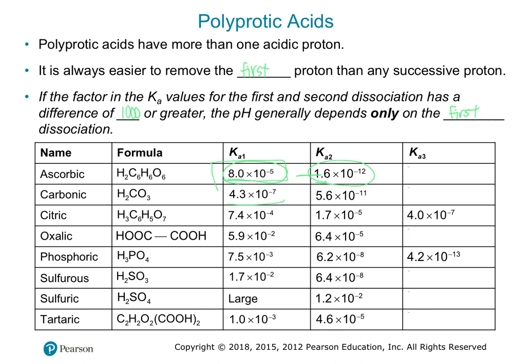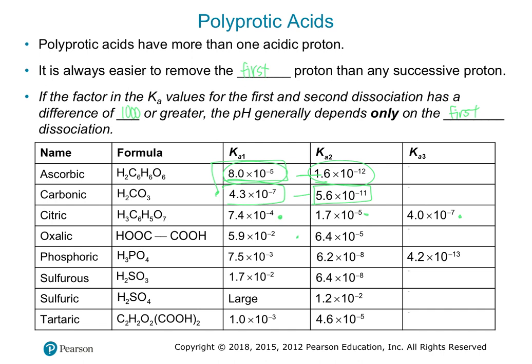Here we have 10 to the negative 7 and 10 to the negative 11. So that's a factor of 10 to the 4. So that's going to be only dependent on the first one. Here I have 10 to the negative 4 and 10 to the negative 5. So for citric acid, we actually do have to care about both. And then even the third one is pretty decently sized, only about 100 times different from the second one.